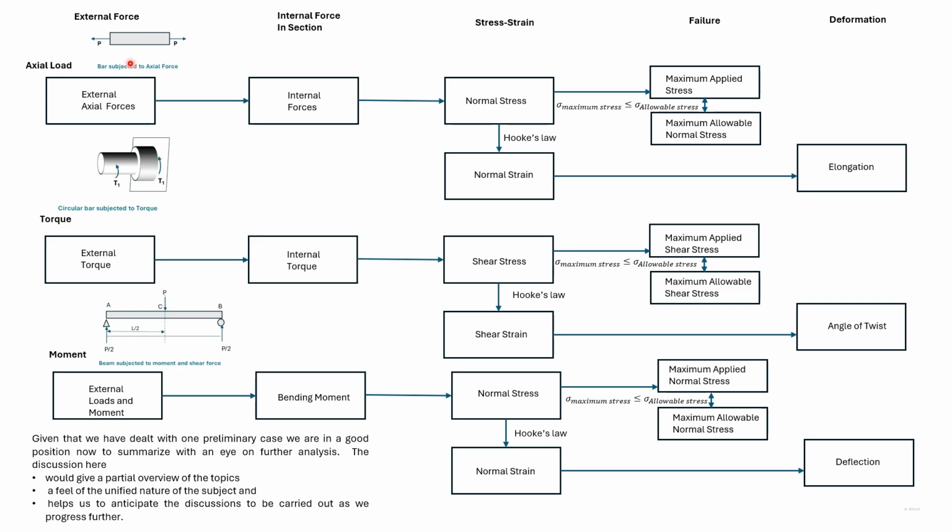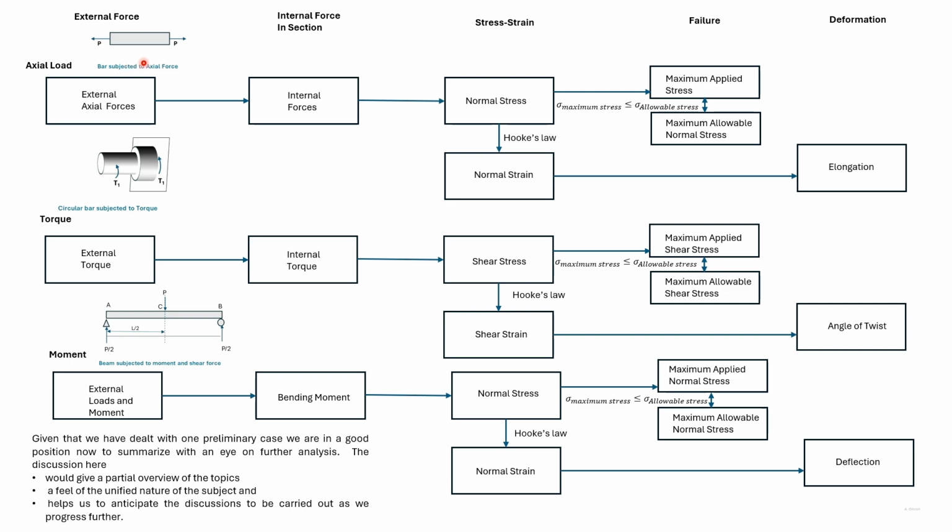So for a bar subjected to axial loads, we initially find the magnitude of the axial loads. We then take sections perpendicular to the axis of the bar and find out internal forces. The stresses in these sections are uniform, and the normal stress can simply be given as the load divided by the area.